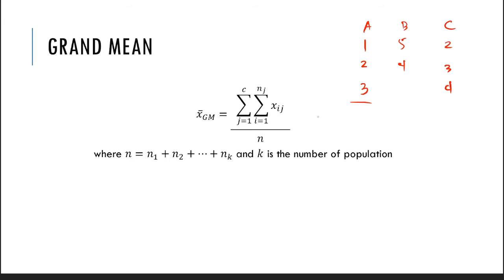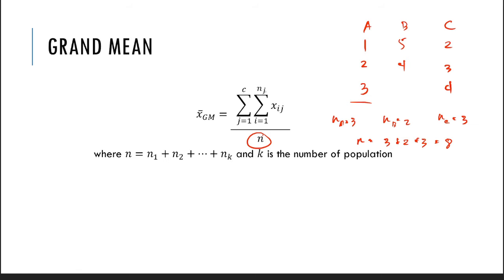So, for NA, ang NA natin ay 3. Tama ba? Ang NB natin ay 2. Then, ang NC natin will be equal to 3. So, para dun sa N na to, all we need to do is just get the sum of this. So, we'll have here, ang total N natin, that will be 3 plus 2 plus 3. So, that will be 8. Okay, so, yan na yung N.